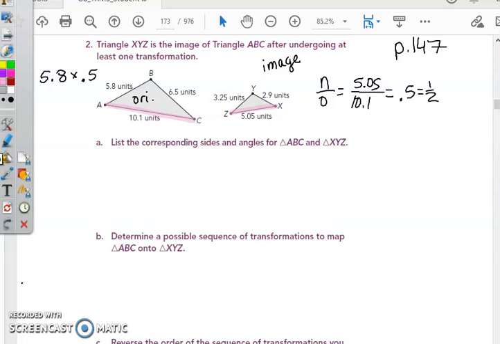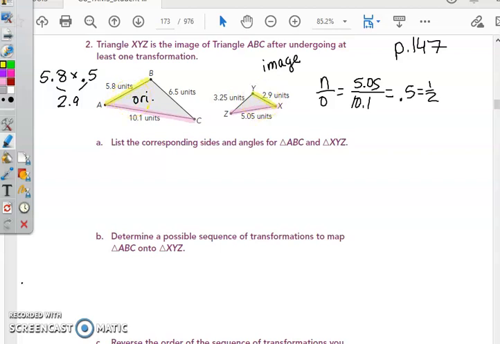When you do 5.8 times 0.5, what did you get in your calculator? You should have gotten 2.9. That would mean that if these are similar, then this one, 5.8, goes with this one, 2.9. Make sure those two are the same. You do not have to have the same colors as me as long as you have these two that are the same and these two that are the same.